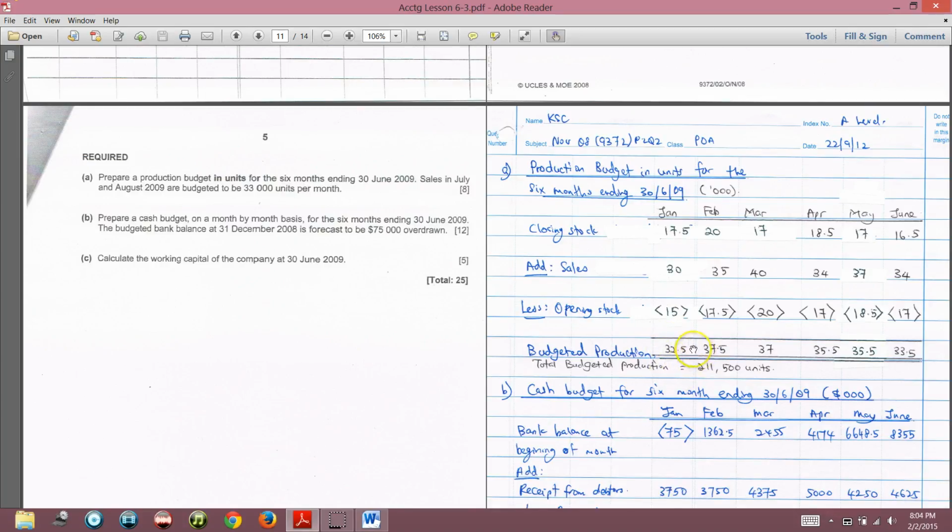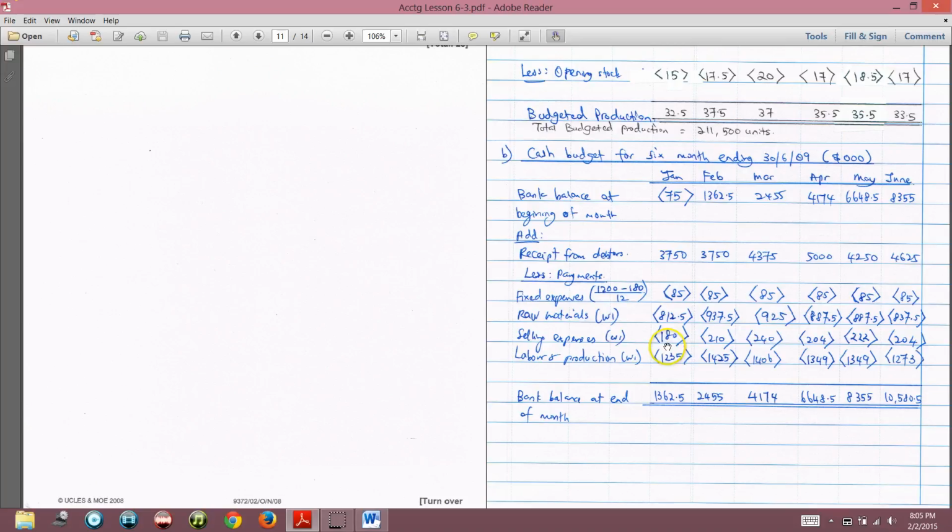So January's payment for raw material will be 32.5 times 25, which is 812.5, right? So March will be 37 times 25, which is 925. This is how I get my figure. And this will be 35.5 times 25, which is 887.5. So you see, this one plus this one minus all these will be this one.